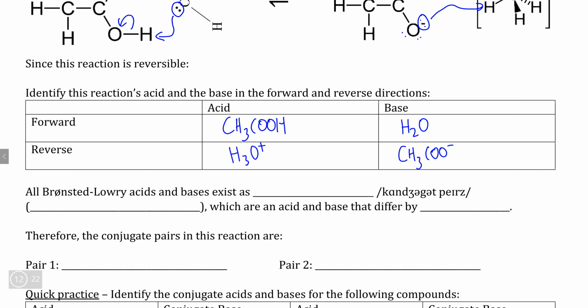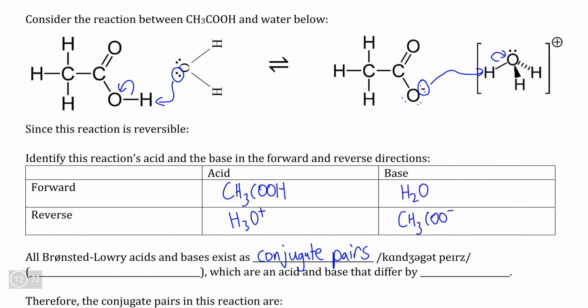This relationship is what we call a conjugate acid-base pair. So every acid and base ionization reaction is always made up of two conjugate pairs, which are two forms of the same compound that only differ based on whether they have or do not have an extra H+.